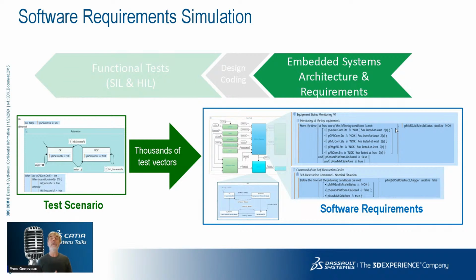Instead, in Stimulus, we define what we call a test scenario. So you basically capture a use case with the same language as for the requirements, and you can also use state machines. And this set of constraints defines a space from which Stimulus will generate as many combinations of inputs as you like, corresponding to that particular use case.